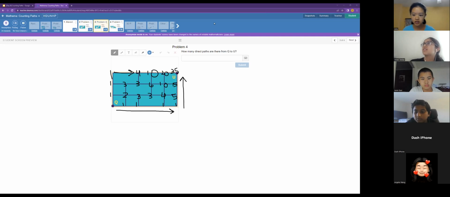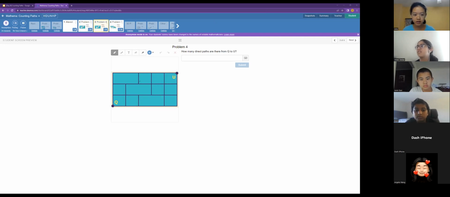Okay, so first I'll explain why we're doing these steps. I don't know if we specifically told you this, but the numbers are representing the number of ways you can get to that point. So if I write a 1 next to a vertex, it means there's only one path to get to that point. For example, if I write a 1 here, it's because there's only one way to get to that point.